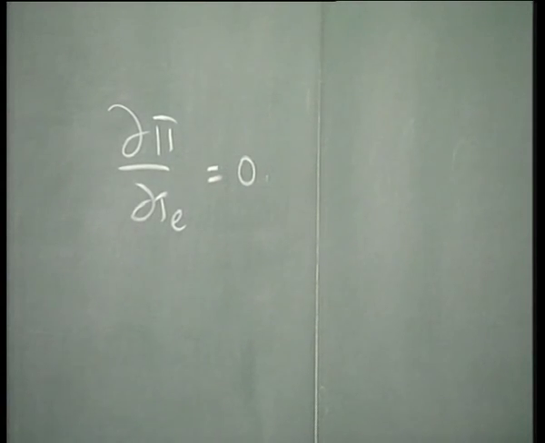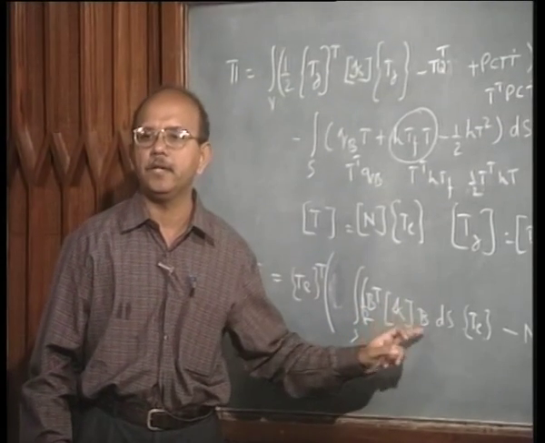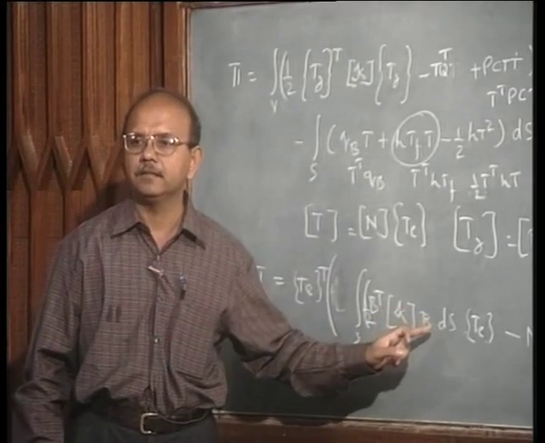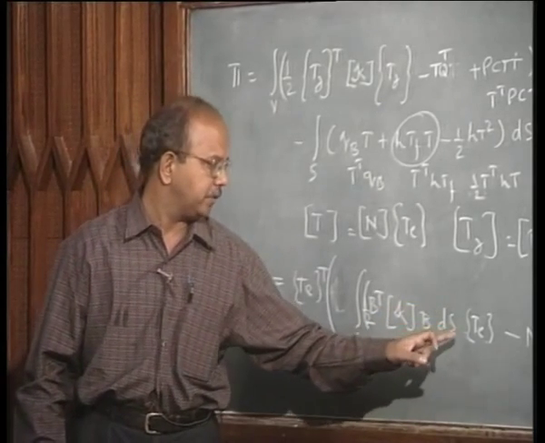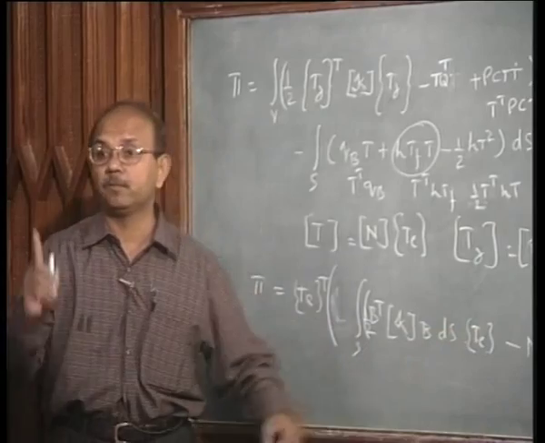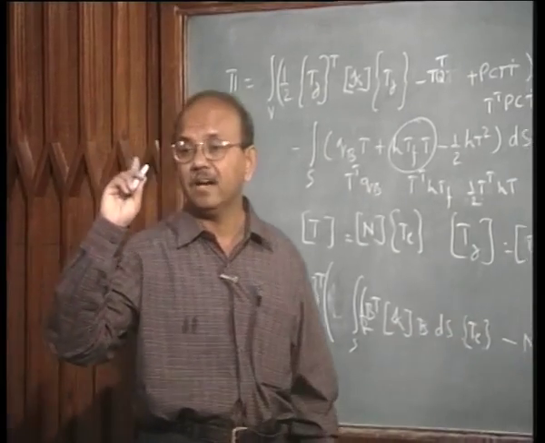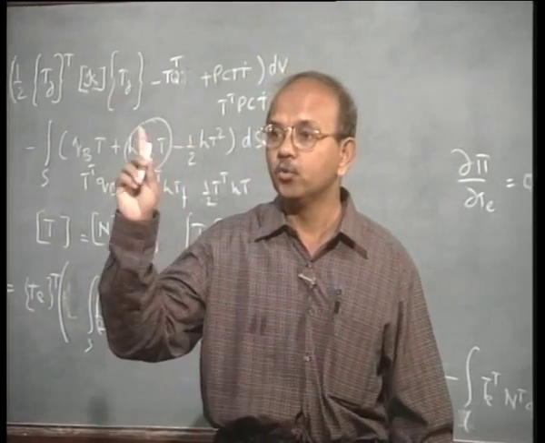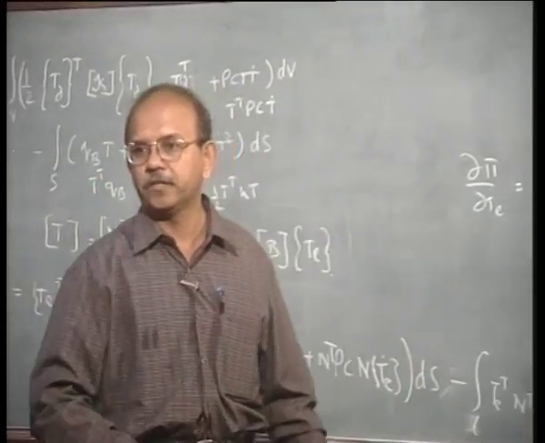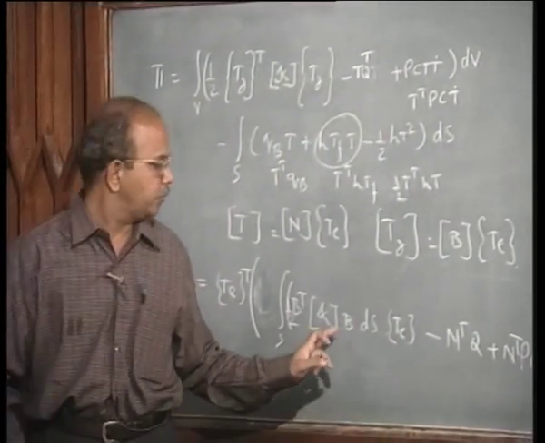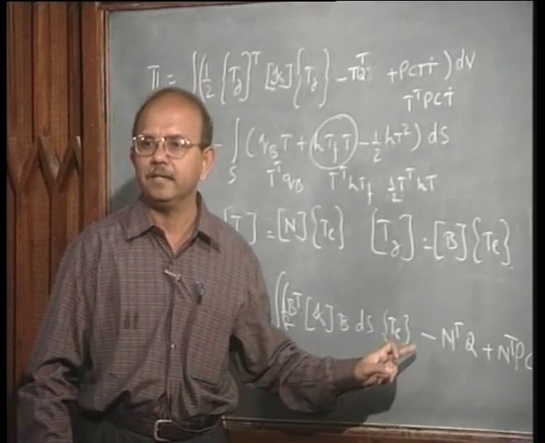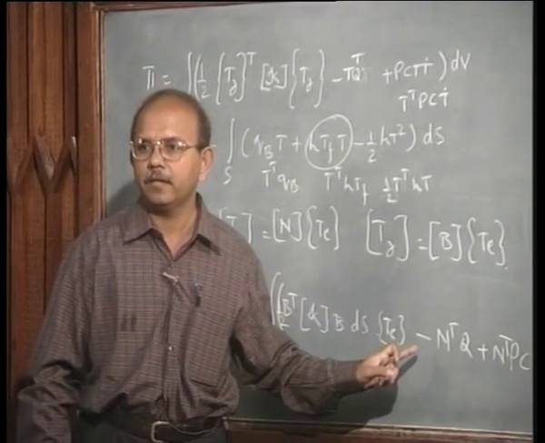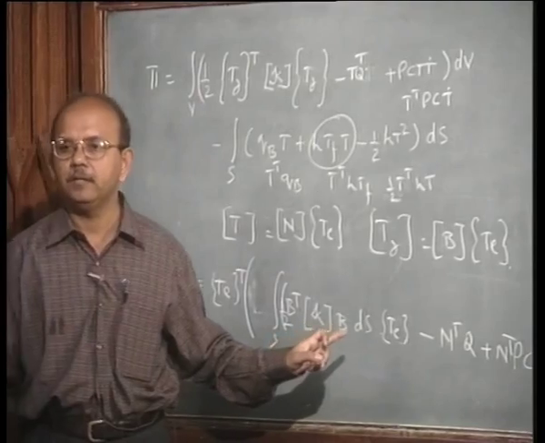So half T transpose B transpose KB, this whole thing is multiplied by TE. You remember the same thing as half K transpose U transpose KU becomes KU. So the first term becomes B transpose KB TE.